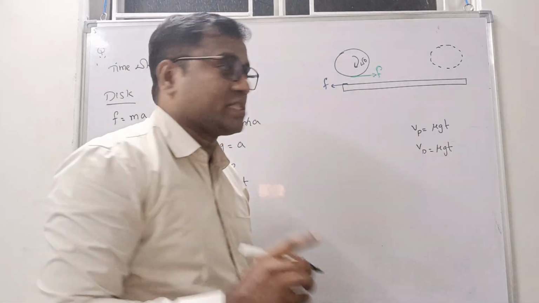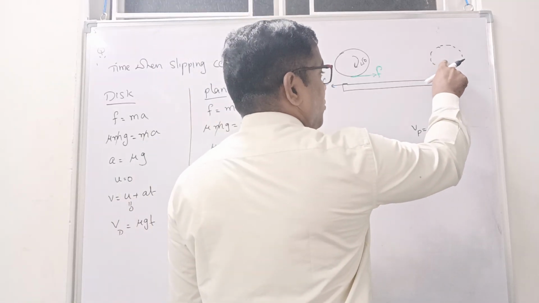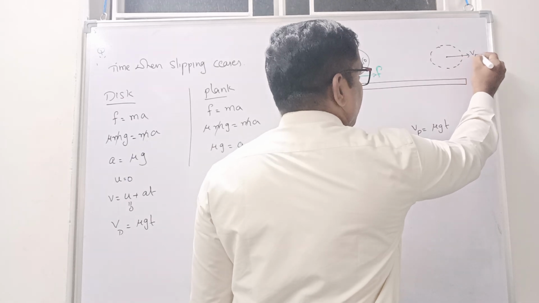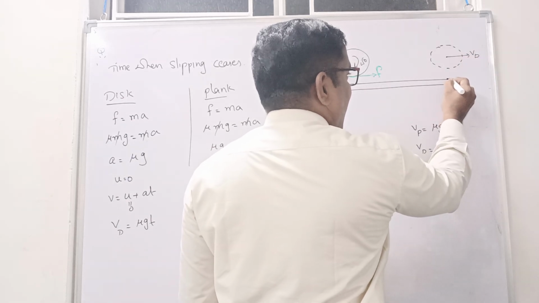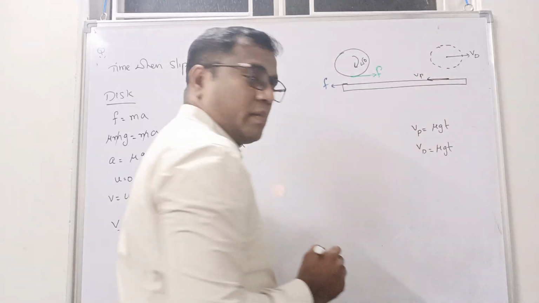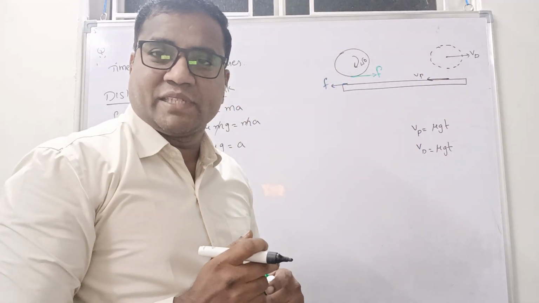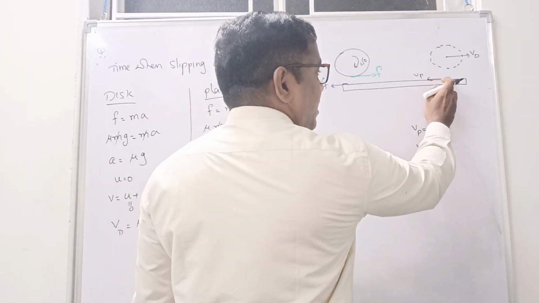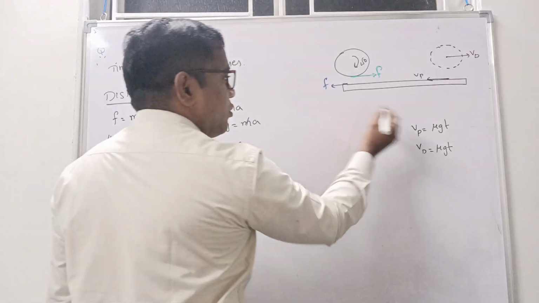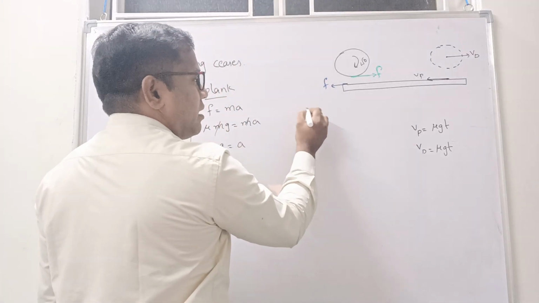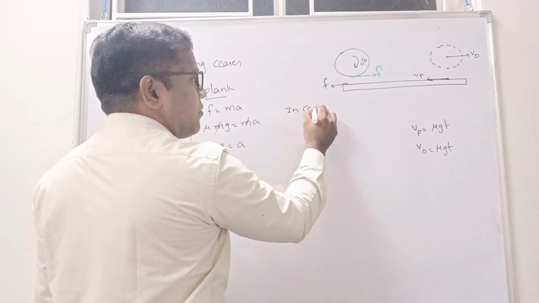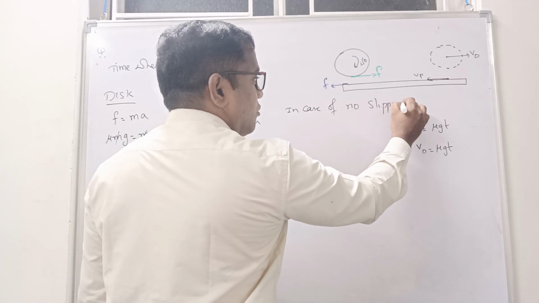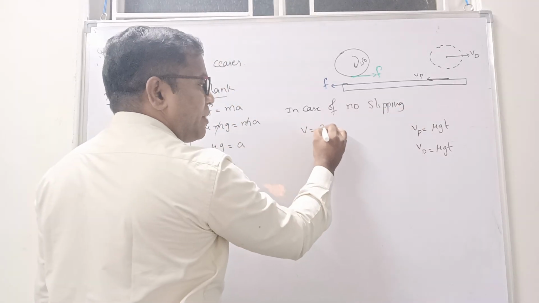One more thing: at this point the disc will move in this direction and the plank will move in this direction. Under the condition of slipping ceases, in case of no slipping, the formula is generally v is equal to r omega.